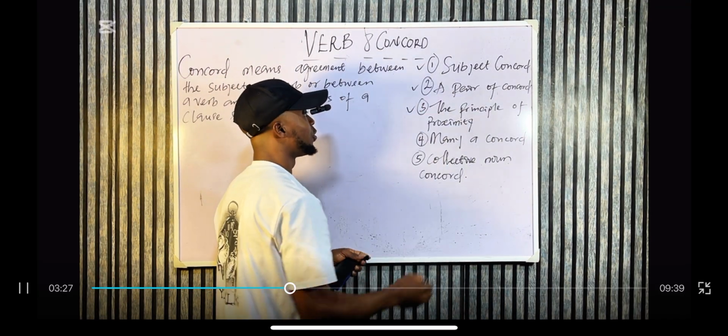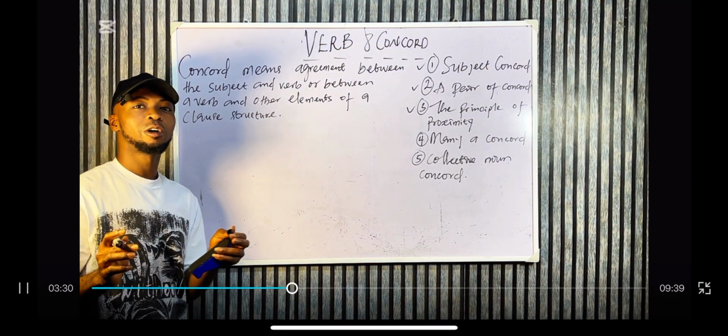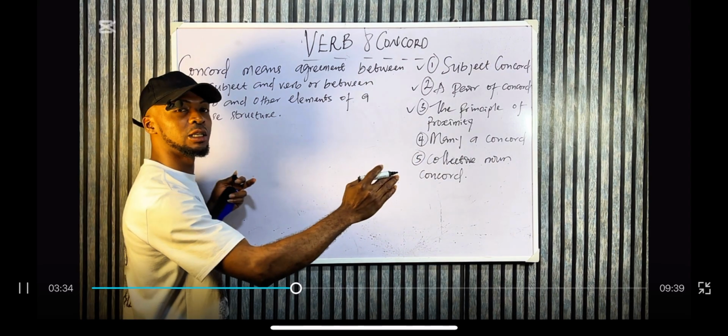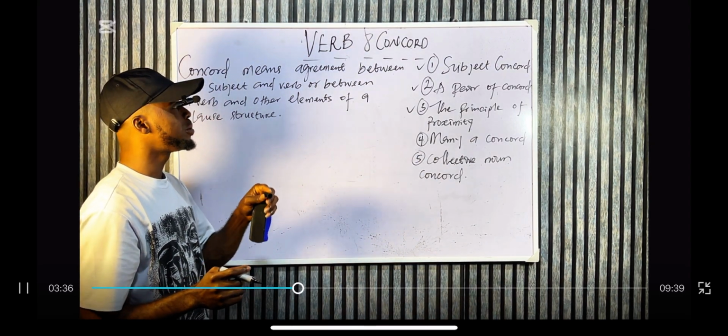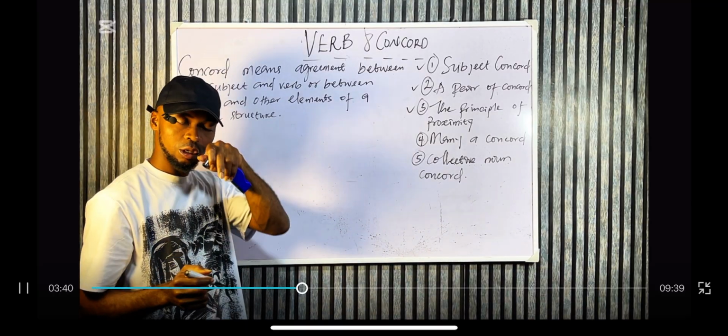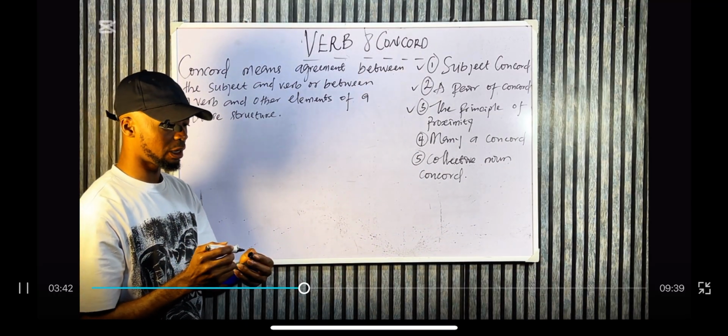Let's go to the principle of proximity. The principle of proximity in concord says you may have different subjects, but the noun that comes closest before the verb is what is going to determine the verb that will come after it.